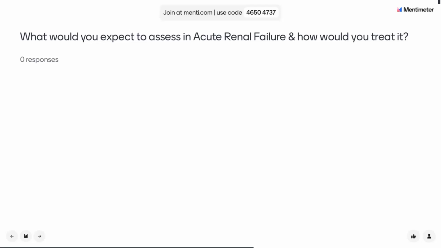If we're not able to filter our blood, what do you think you would see in your lab values?